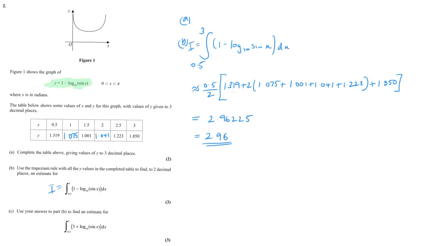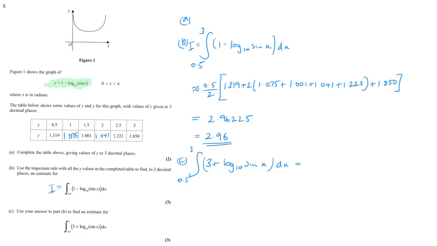Now let's have a look at Part C, because this is where there were hardly any marks given. So let's look at what we've got. We've got between 3 and 0.5, so the same range of values, and we've got 3 plus log 10 of sine x. Now, up here we've got 1 minus log 10 sine x, and here we've got plus.